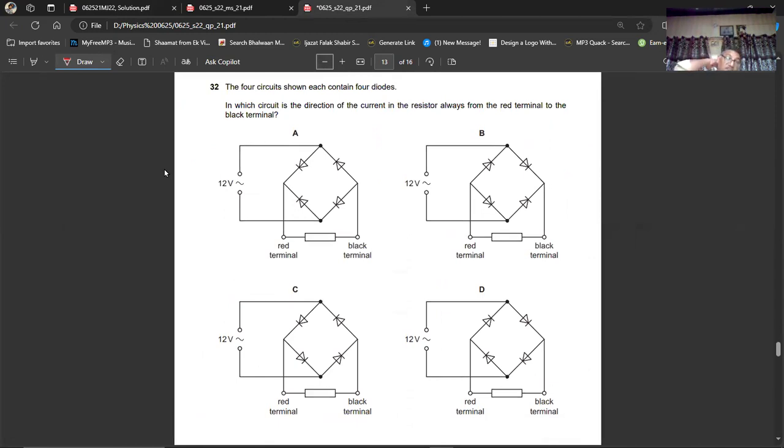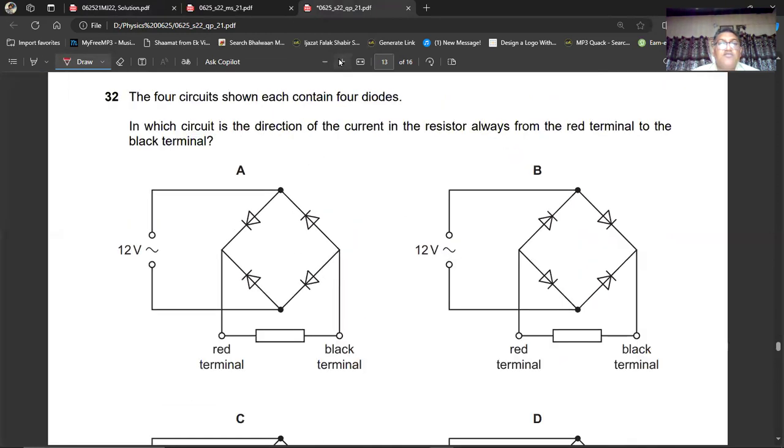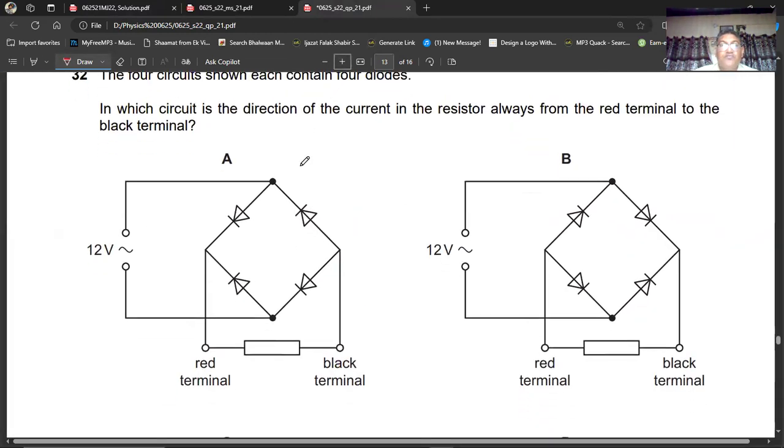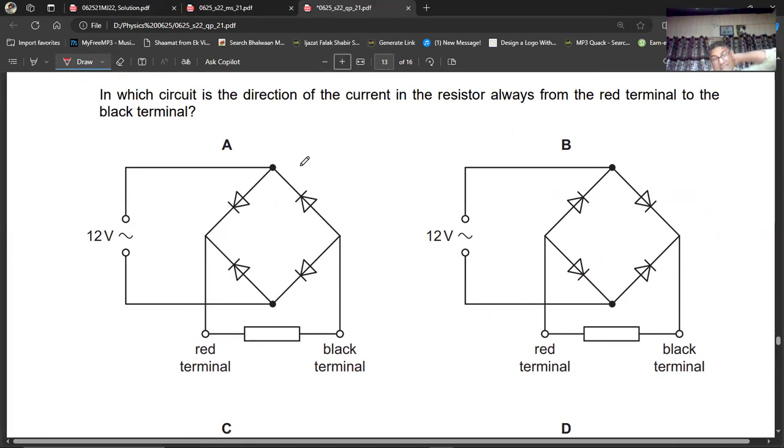Okay, the four circuits shown each contain four diodes. In which circuit is the direction of the current in the resistor always from the red terminal to the black terminal? Let me try to show you. Suppose the current is coming from here.